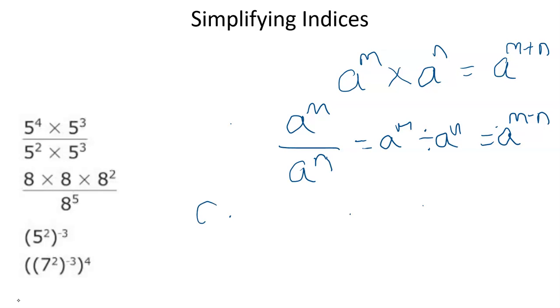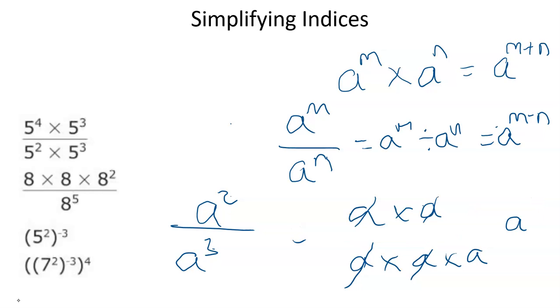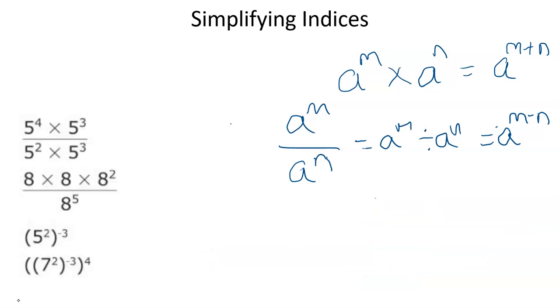Again, you can see that if we do a squared over a cubed, this is a times a over a times a times a. The a divided by a cancels, so we're left with 1 over a, or a to the minus 1. And 2 minus 3 is indeed a to the minus 1. So it works out logically in that way as well.